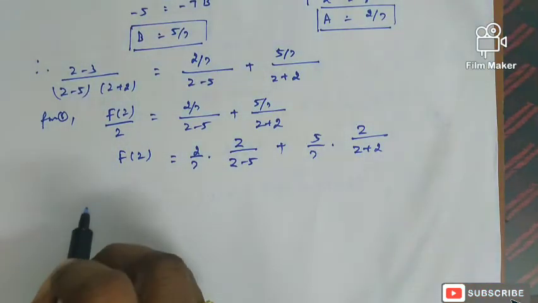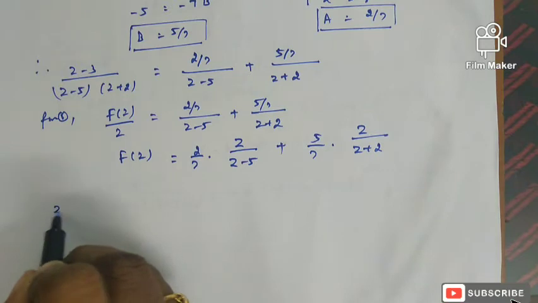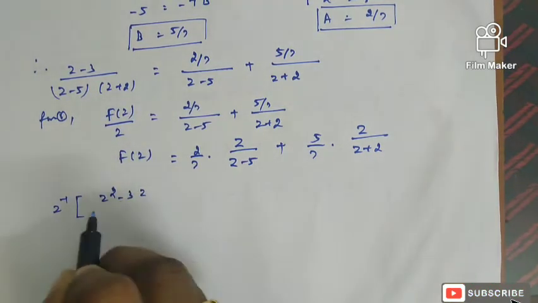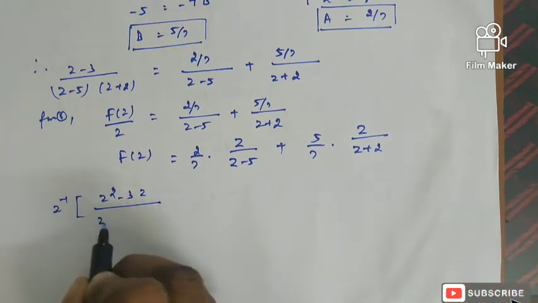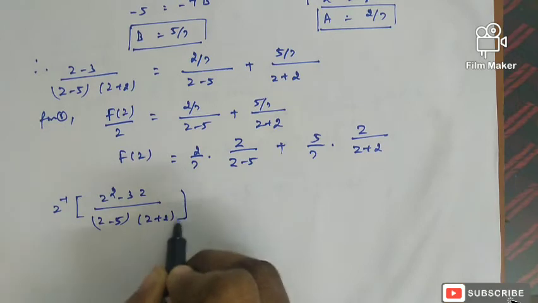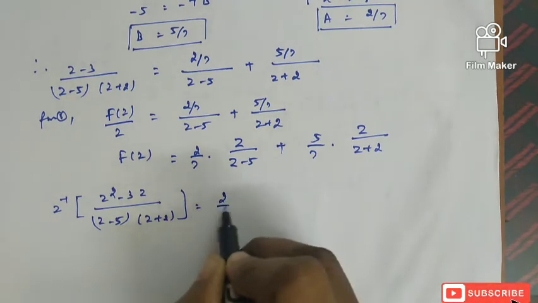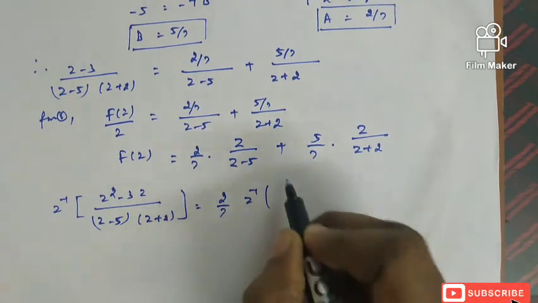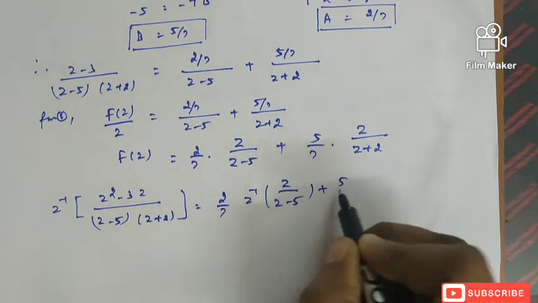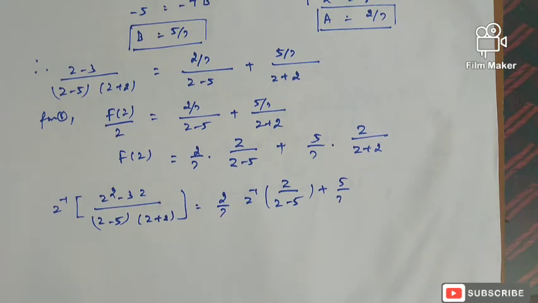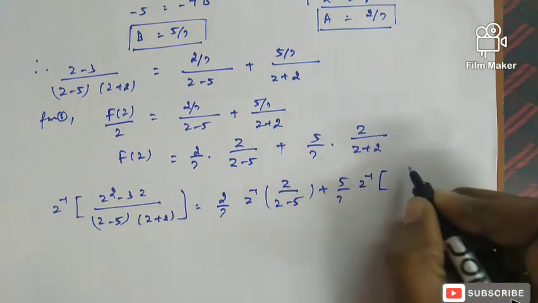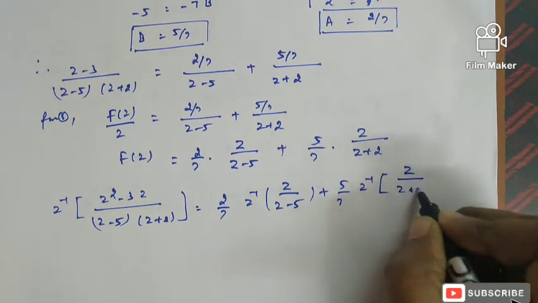So taking z inverse on both sides, z inverse of (z square minus 3z) divided by (z minus 5) into (z plus 2) equals 2 by 7 into z inverse of z by (z minus 5) plus 5 by 7 z inverse of z by (z plus 2).